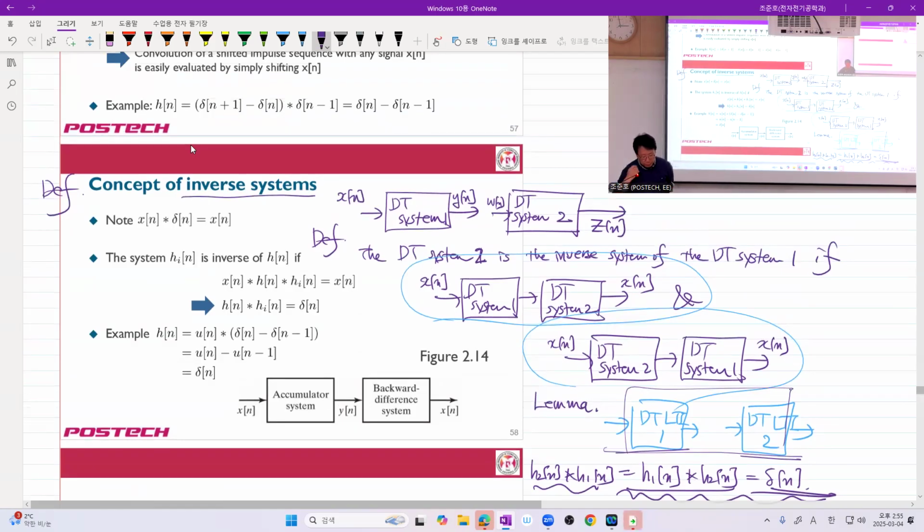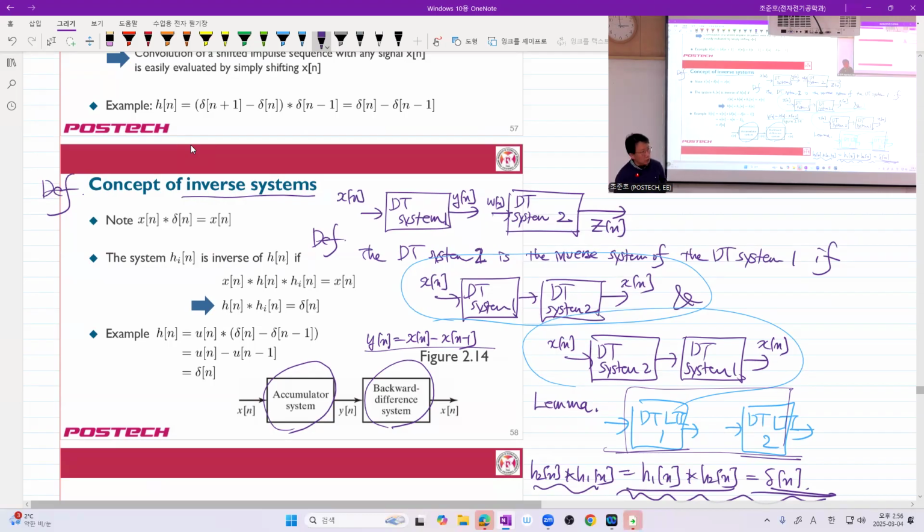Now, let's see an accumulator that sums up all the past and current values to generate the current output. And suppose you have a backward difference system. Let me recall that the input-output relation is given that way. These two are inverse systems. How can you prove it? There are many ways. You may substitute one into the accumulation formula.